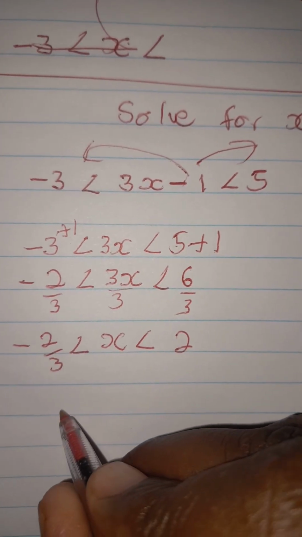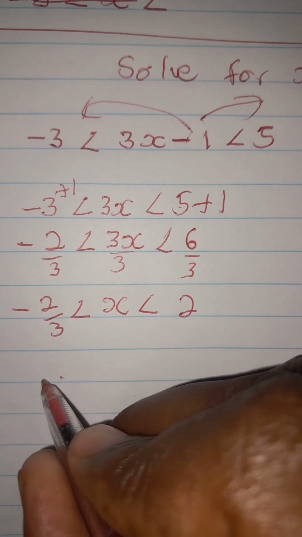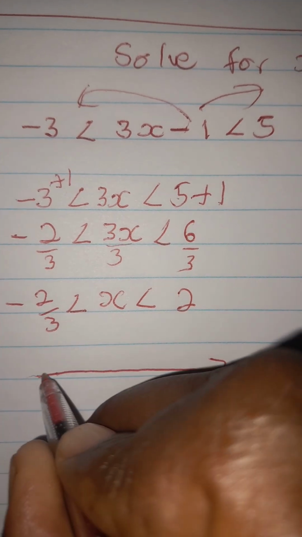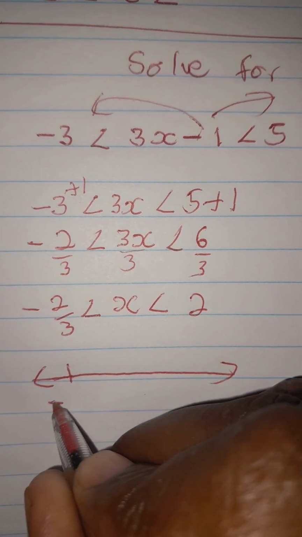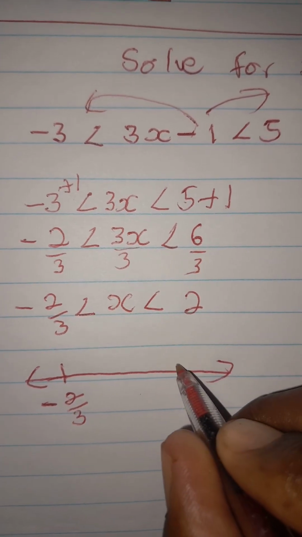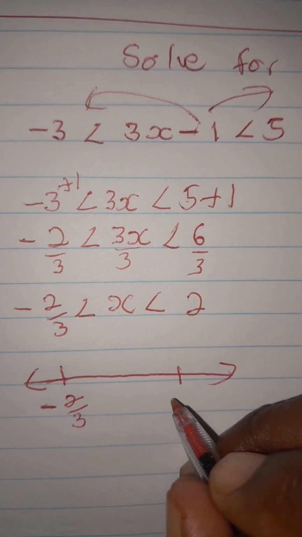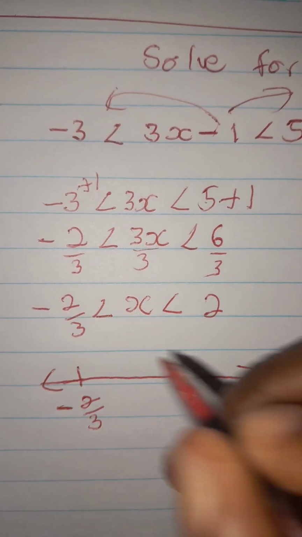So let's represent this in a number line. We are going to have -2 all over 3, as well as here we are going to have +2. So remember that this is greater than x.